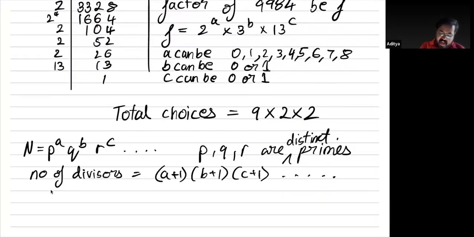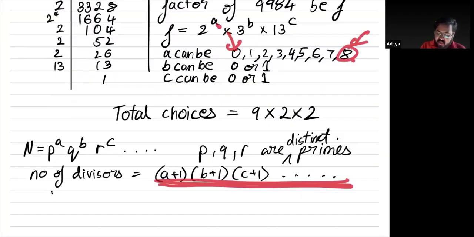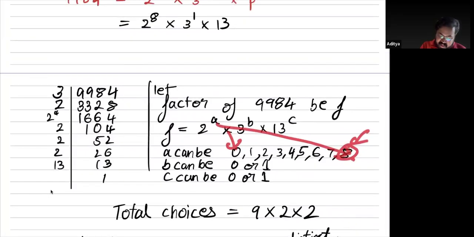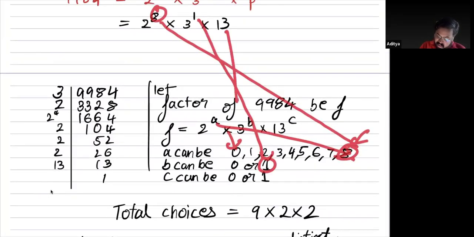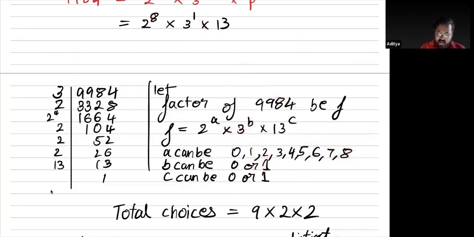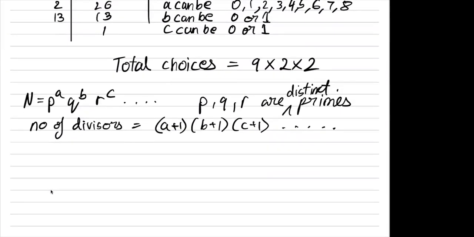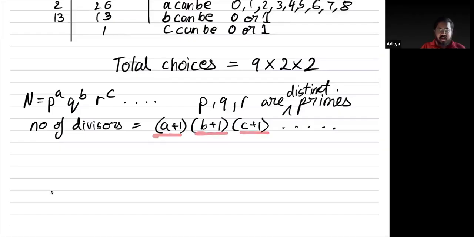Whatever these powers are, you just add 1 to them. But now you understand why we are adding that 1. They could have been 0 all the way up to the largest value, which is 8 over here, 1 over here for 3, and 13's largest power, which is 1 over here. Correct? So that's why you add 1 to each, and multiply them all out, and that will be the number of factors. Right?